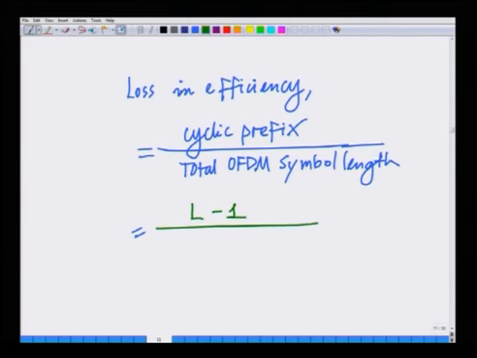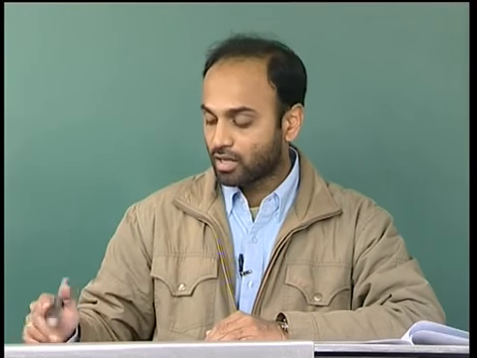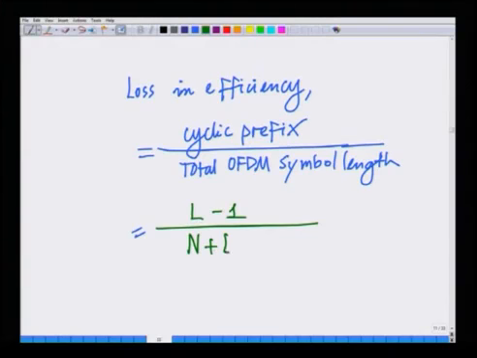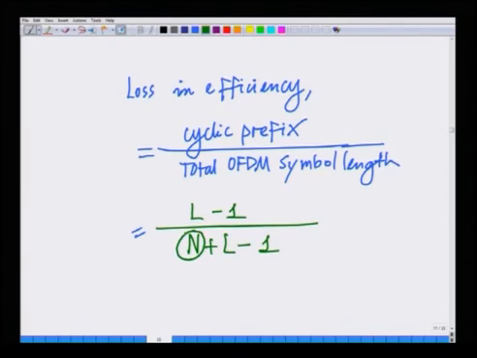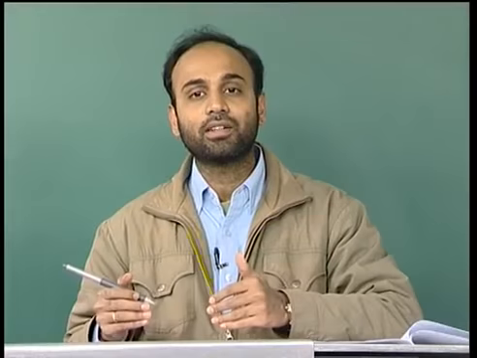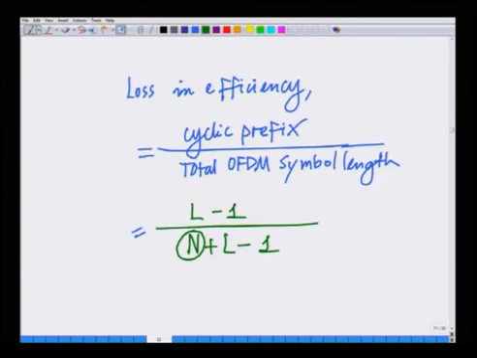The total OFDM symbol length is OFDM samples plus cyclic prefix, which is n plus L minus 1. Now we can see we have one additional parameter in this, which is n, the number of subcarriers. This is the loss in spectral efficiency because of addition of cyclic prefix, and we can see as n tends to infinity, L minus 1 by n plus L minus 1 tends to 0.